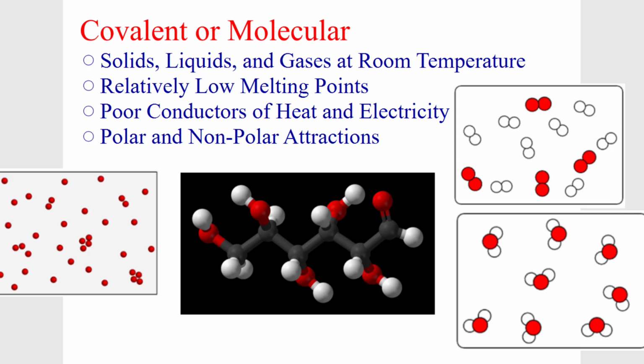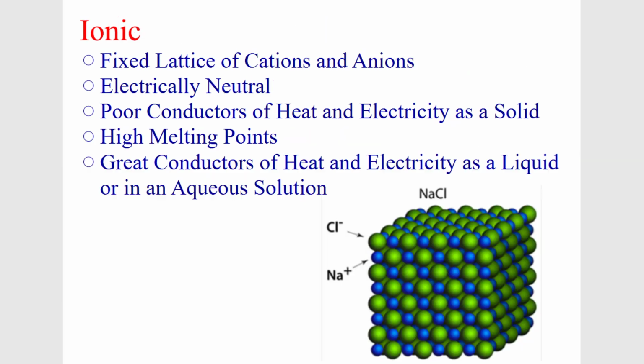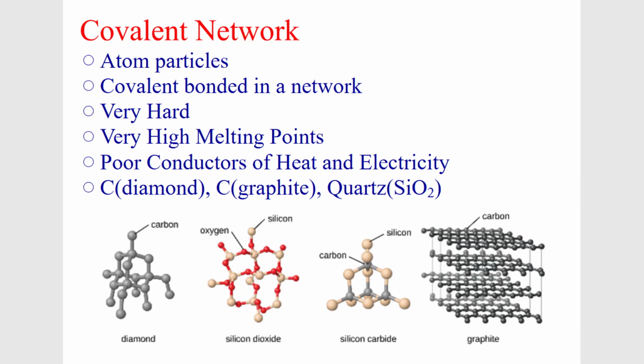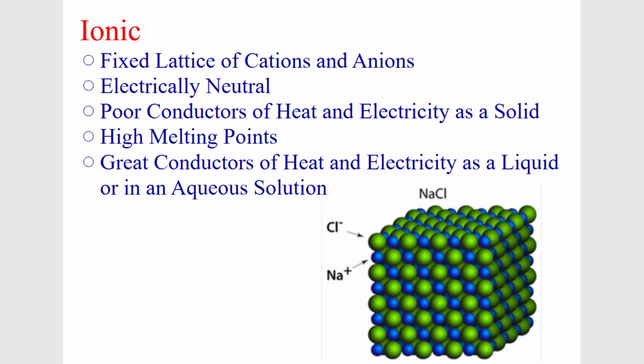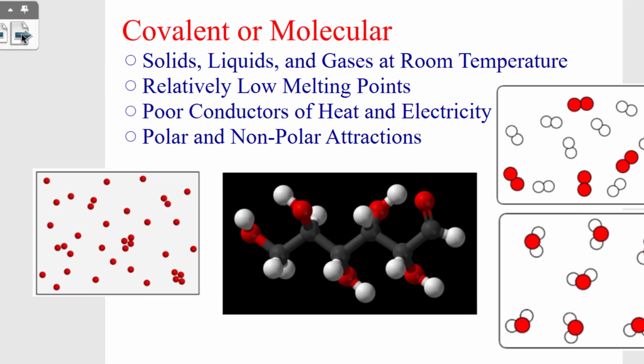These are relatively low melting points, poor conductors of heat and electricity, and they are held together by polar and nonpolar attractions. In the next video, we're going to go more in depth into this covalent or molecular intermolecular force. But for right now, those are our four main types of intermolecular forces. They are covalent network, metallic, ionic, and what we call molecular.